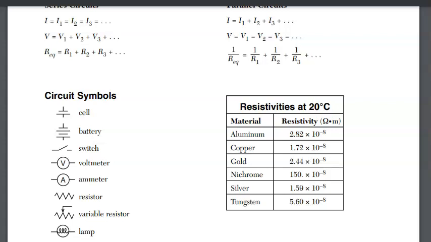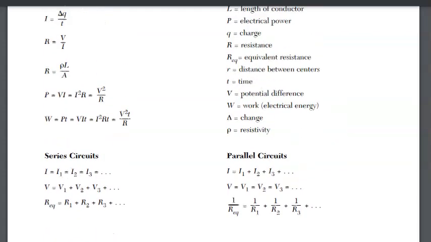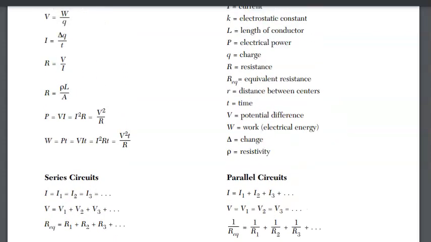And why do I say that? Let's go back for a minute. If we take a look at this equation, the resistance of a wire and the resistivity of whatever it's made of is a direct relationship. If your resistivity is higher, then the resistance in the wire is higher.